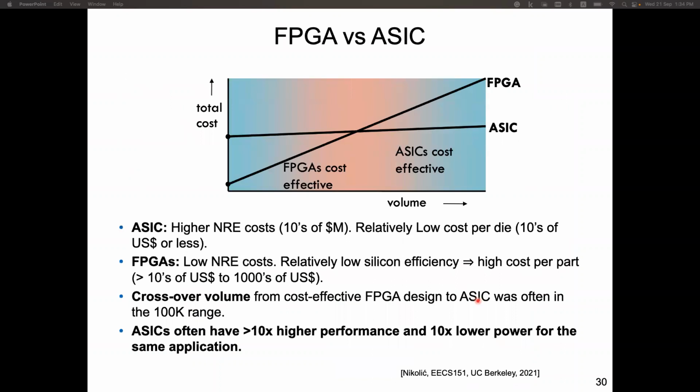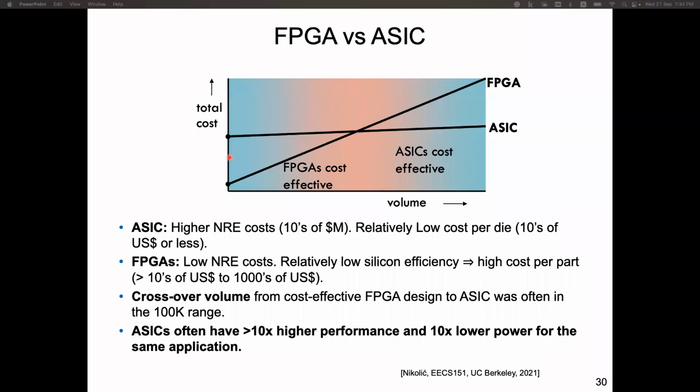If we compare these 2 approaches, FPGA versus ASIC, regarding the cost. For the ASIC approach, we have a huge design cost, referred to as non-recurrent engineering cost. This NRE cost is there even if you don't make any chip.